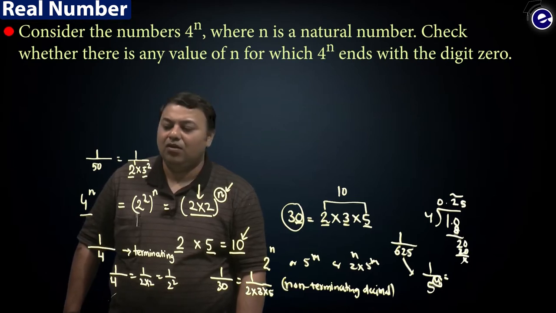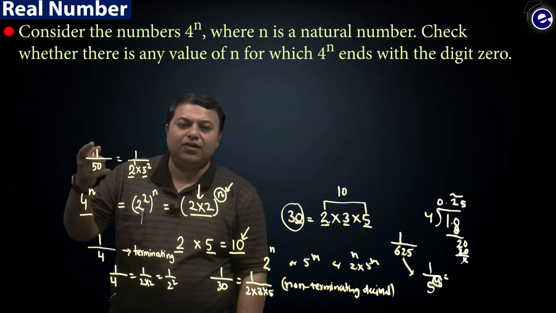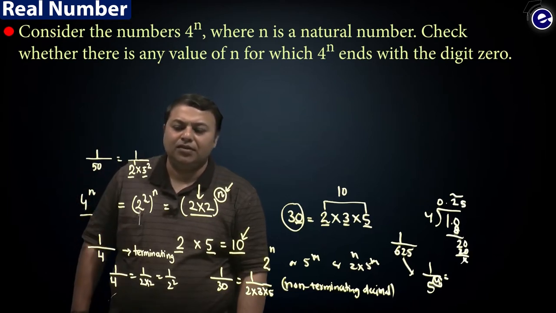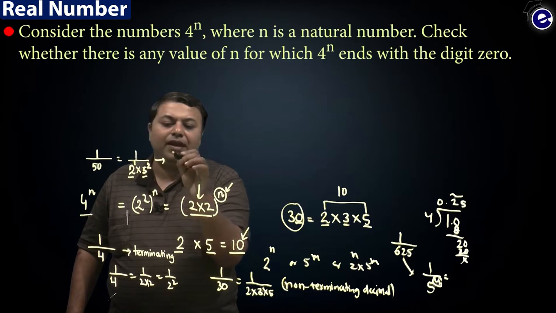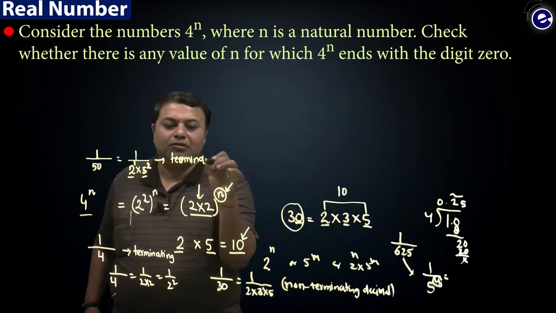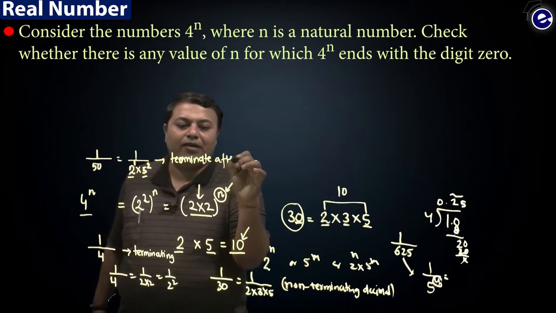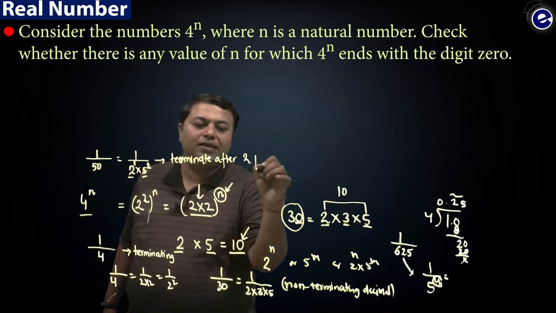Think about it. What is 1 by 50? It is 2 over 100. So after 2 places it will terminate. So even if the power of 2 is 1 and power of 5 is 2, it will terminate after 2 places of decimal.